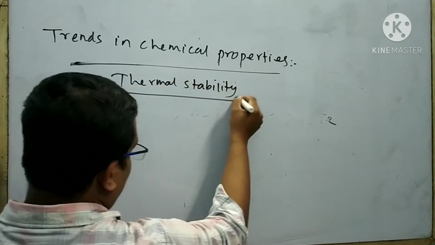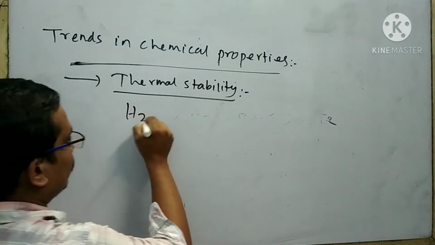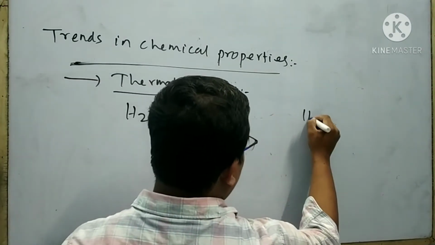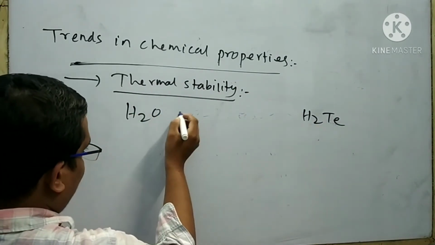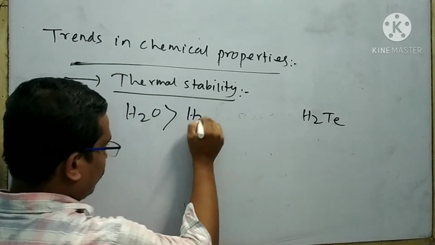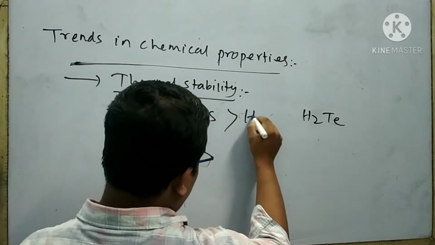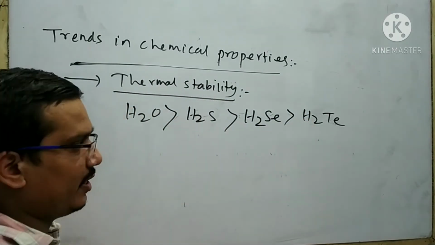The thermal stability decreases from H2O to H2Te. That means the thermal stability of H2O is greater than H2S, greater than H2Se, greater than H2Te.